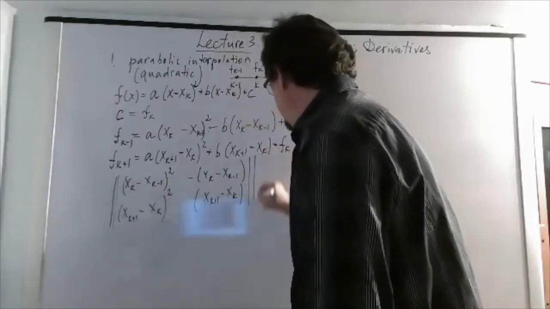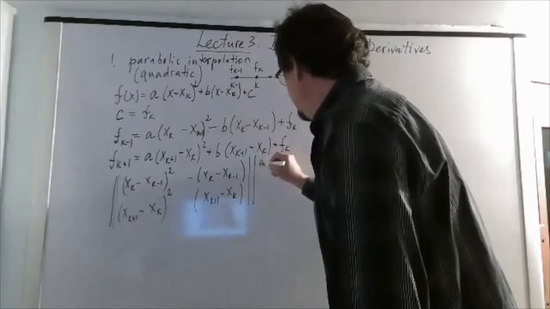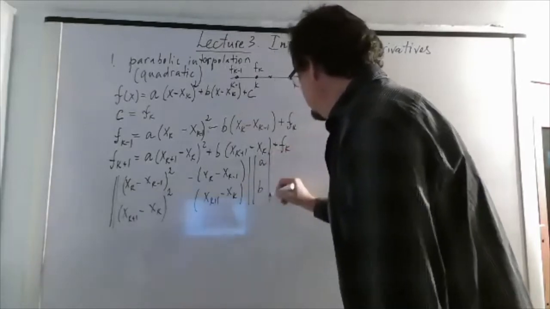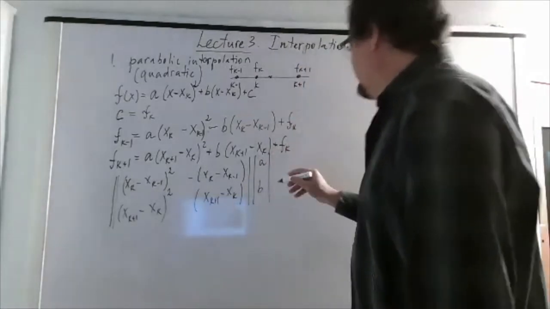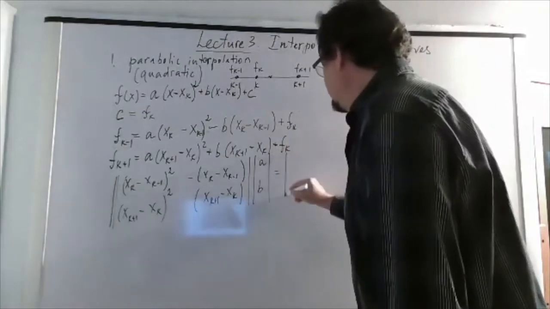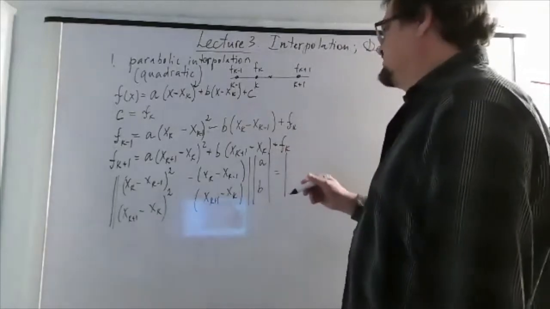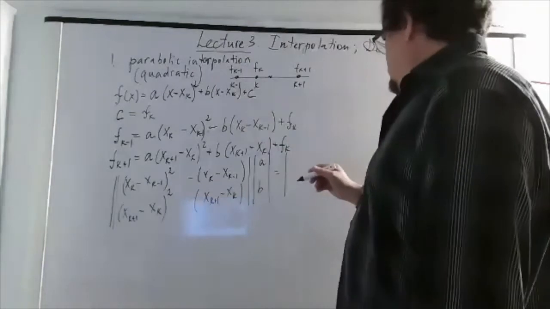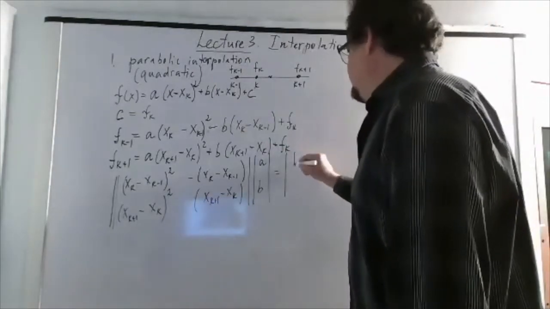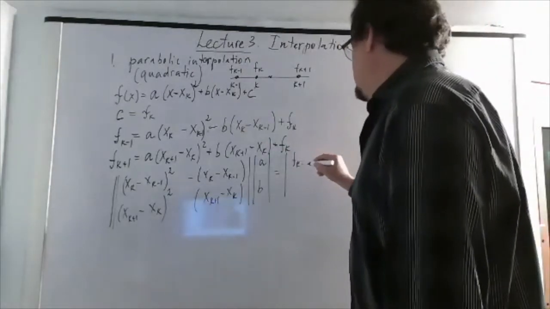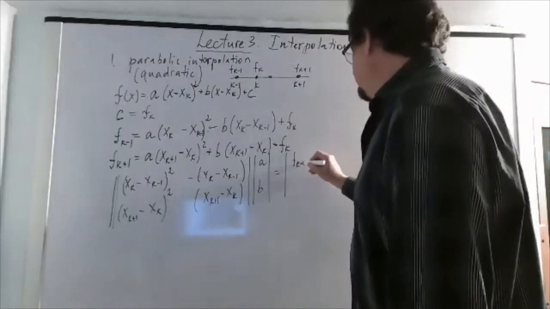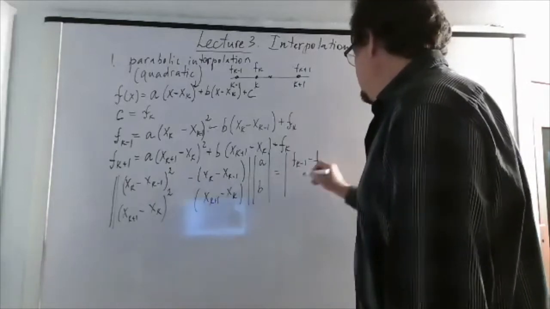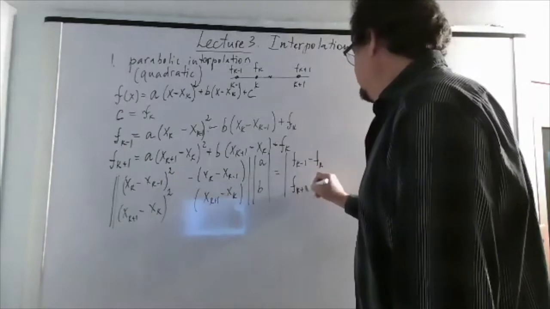Then you have your unknown vector (a, b), and its right-hand side, which is also a vector, not a matrix: f k minus 1 minus f k, and f k plus 1 minus f k.